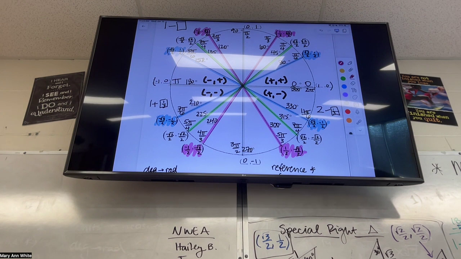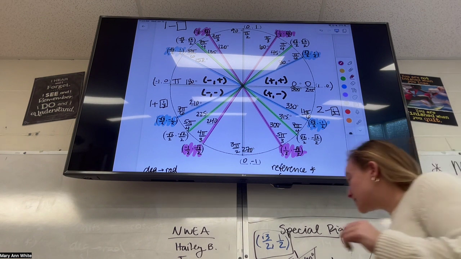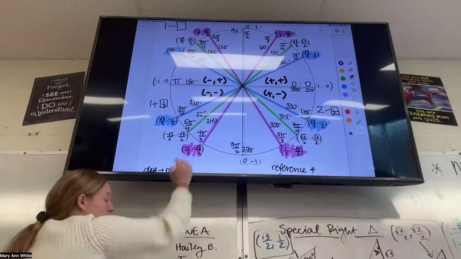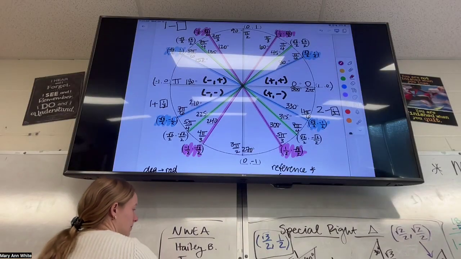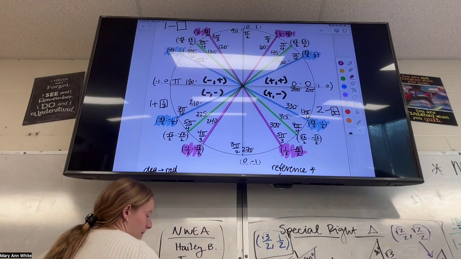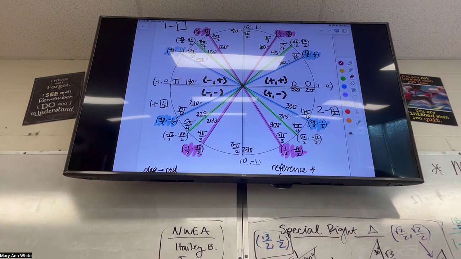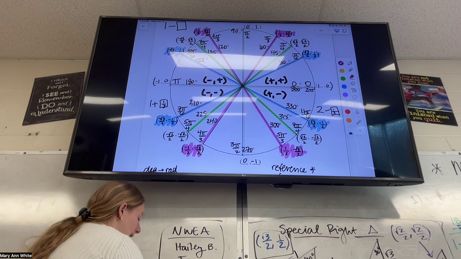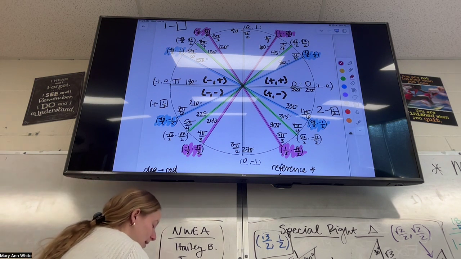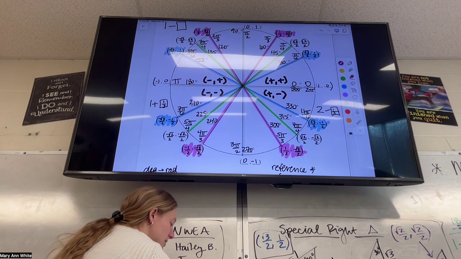Now, you're not really ready to know this, but I need to tell you why we're doing all of this. The whole point is that your X and your Y values mean something. The X value is your cosine, your Y value is your sine.